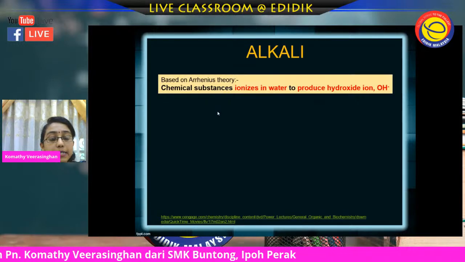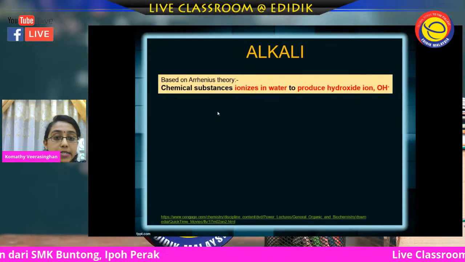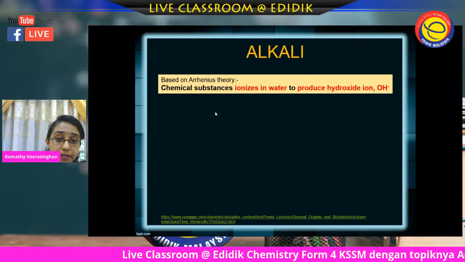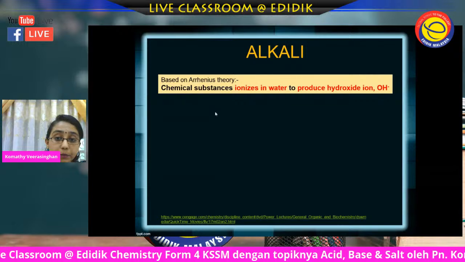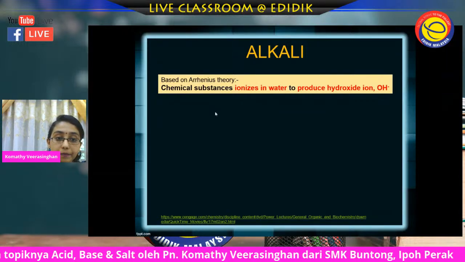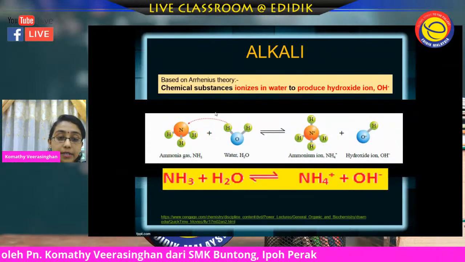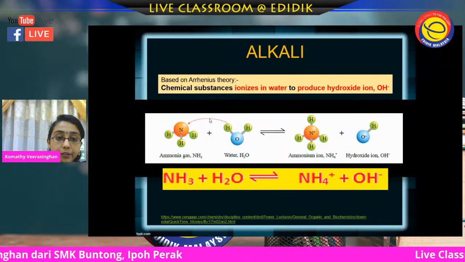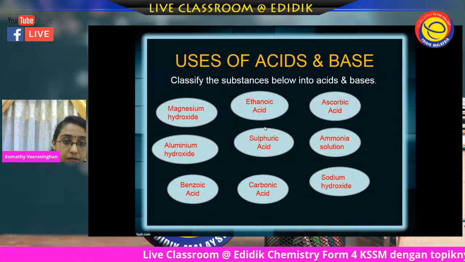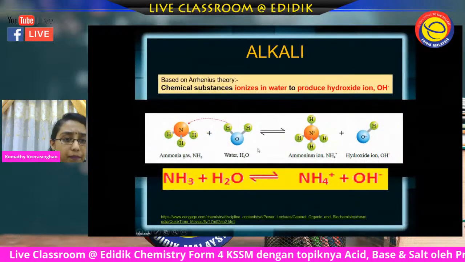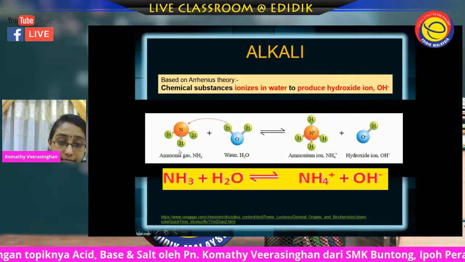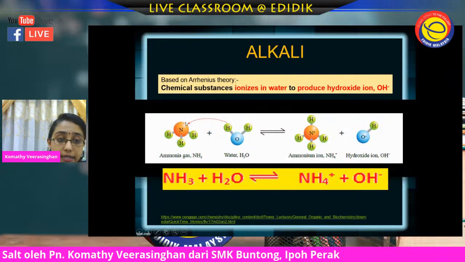What is alkali? Based on Arrhenius theory, alkali is defined as a chemical substance that ionizes in water to produce hydroxide ions. As you can see in the diagram here, this is the molecular structure of ammonia gas.